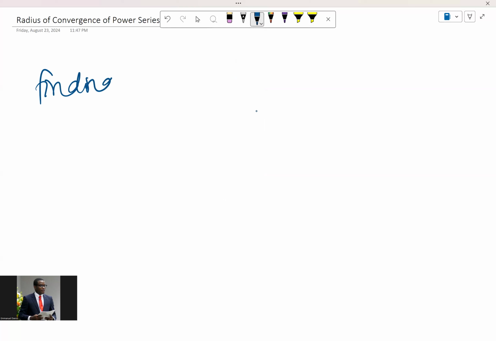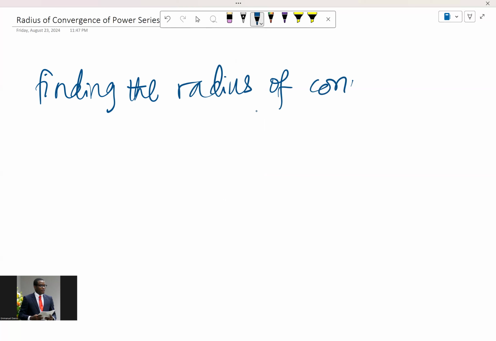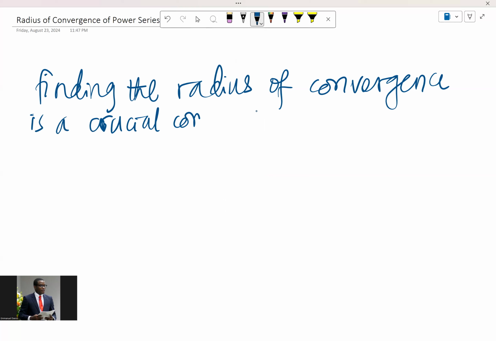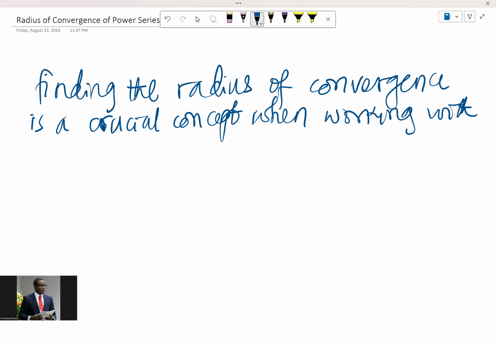Finding the radius of convergence is the crucial concept when working with power series.